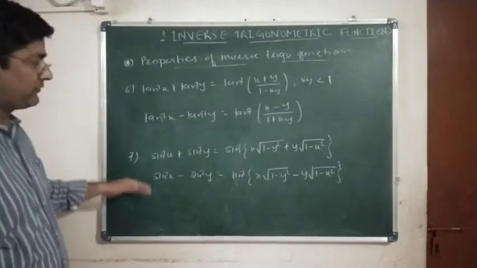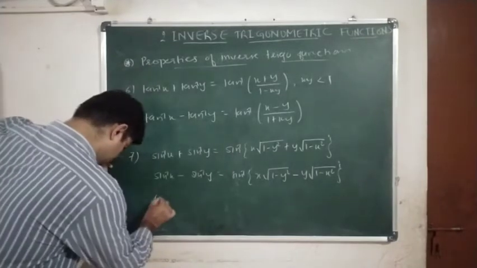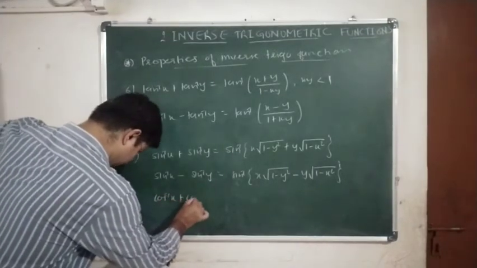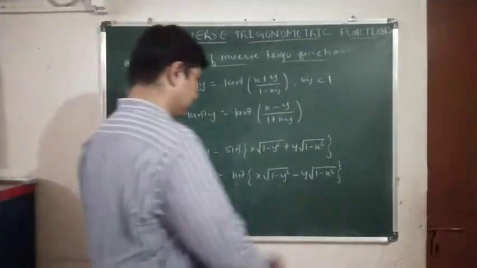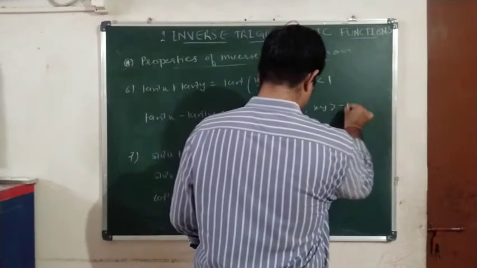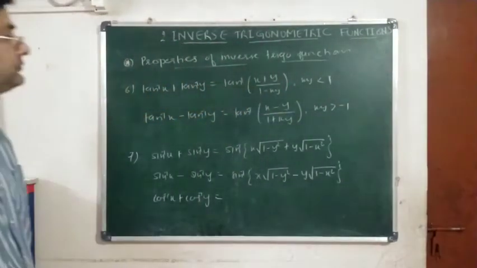Okay, and similarly for cos we can take the formula, cos inverse x plus cos inverse y is equal to, okay, over here xy is greater than minus 1.